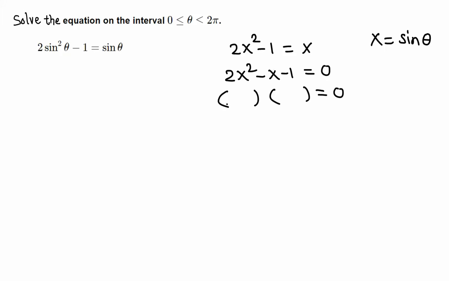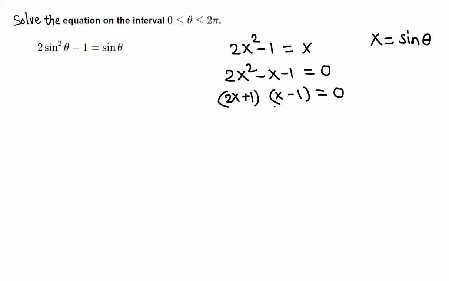So 2x squared factors as 2x and x, and 1 times 1. Now to get negative in the middle, the negative should go to the bigger number 2x. When we multiply, let's put negative 2x and negative 1: negative 2x, x and positive 1.